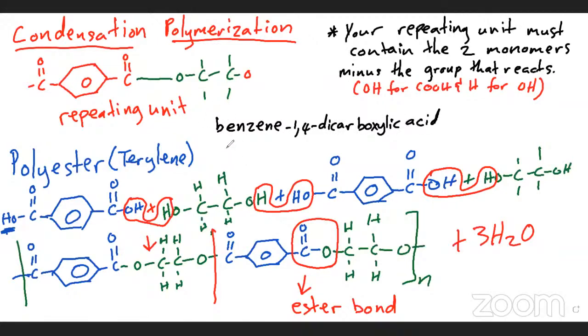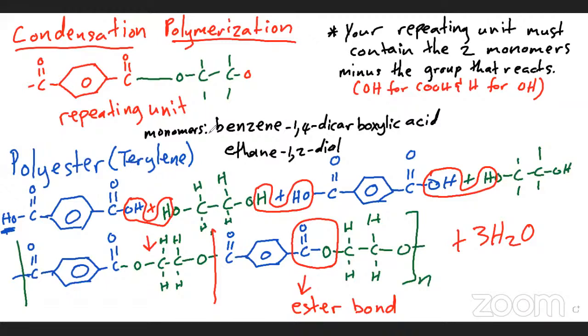And the ethane, we call it ethane 1,2-diol. So if you see the names on the exam, you know which is which. All right. So these are your monomers for terylene. So once you say benzene 1,4-dicarboxylic acid and ethane 1,2-diol, you know it is terylene.